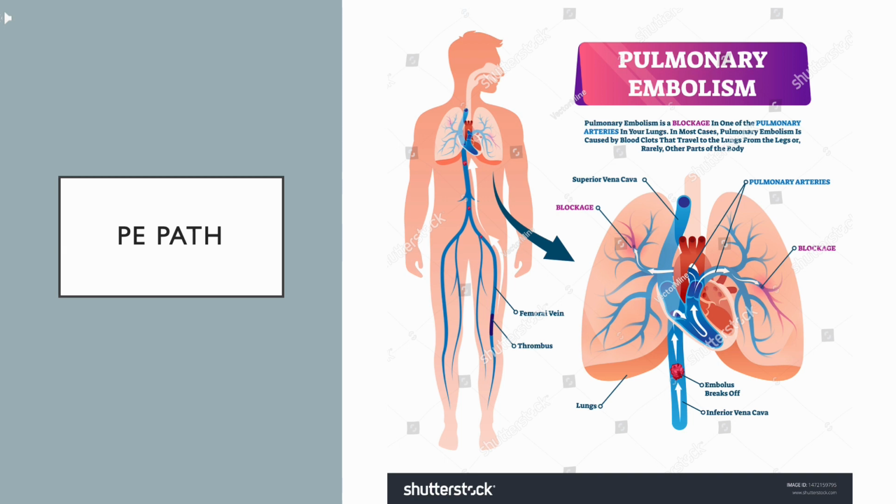Now, the inferior vena cava is bigger than the smaller vessels in the pulmonary vascular system, so it can travel right on through that, but once it gets into those smaller vessels in the lungs, that's where the obstruction occurs, because it gets stuck in those.